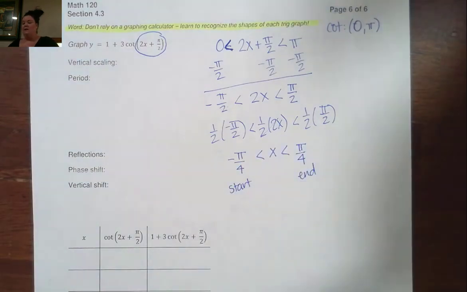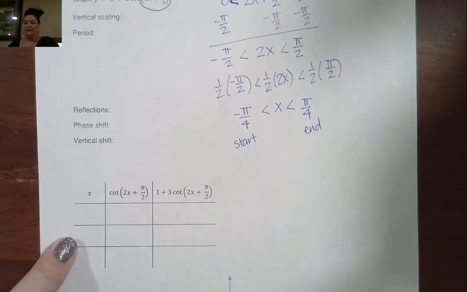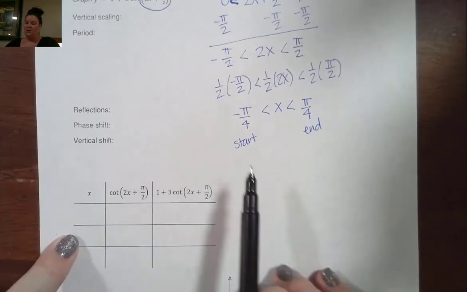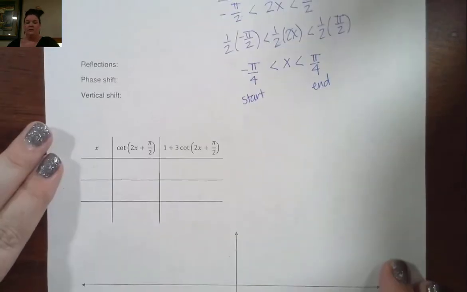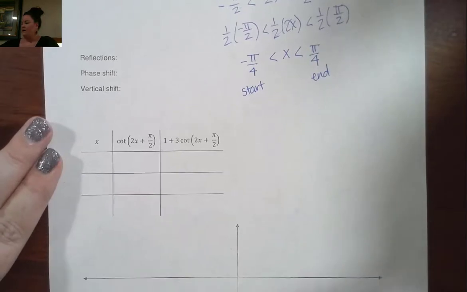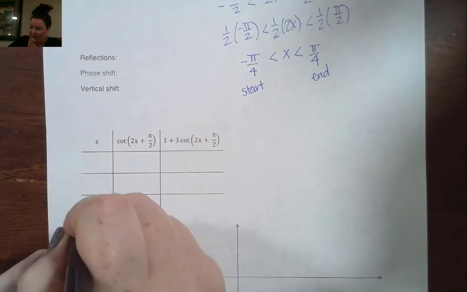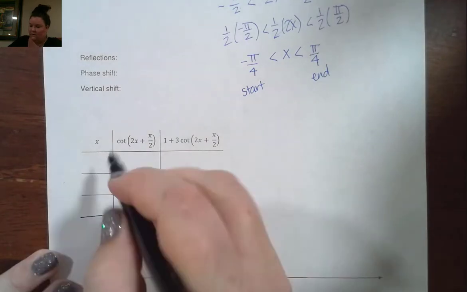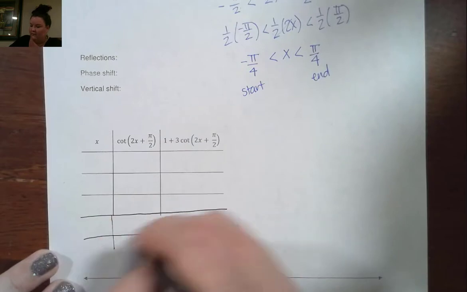Now on the chart here, notice I only put 3 lines. That's because our starting and our ending values are always asymptotes. So just to keep our strategy the same, I'm going to go ahead and write in 2 extra lines just so that we have them. So 1, 2, 3, 4, 5.